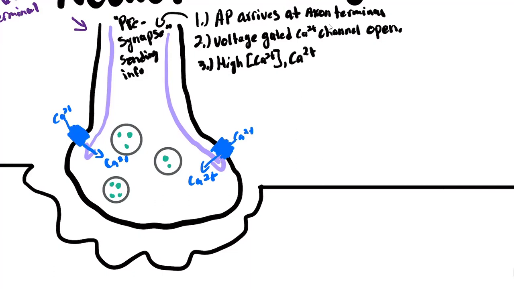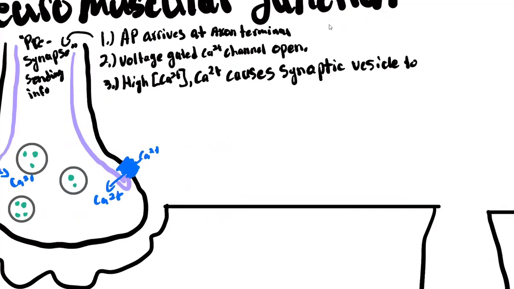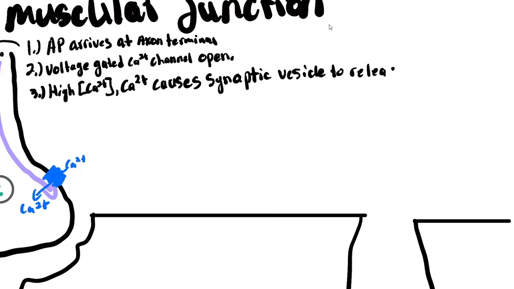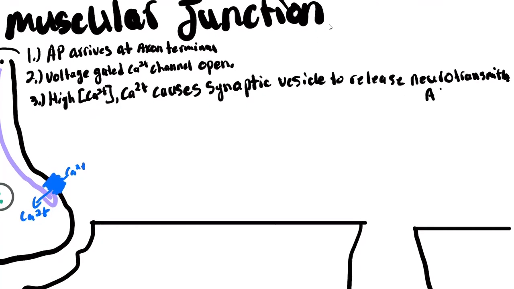So calcium causes synaptic vesicles to release neurotransmitters, or ACH.